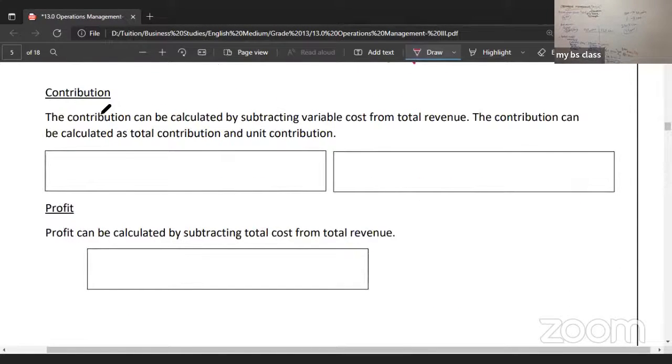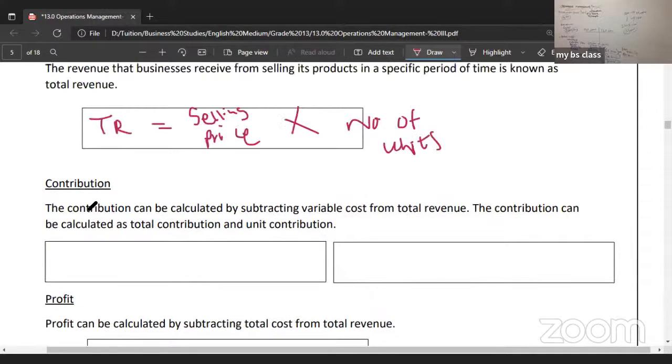And I'll come to contribution, but before that, profit. Profit is your total revenue, TR, minus your total cost, TC. So profit is TR minus TC. Now then, what is all about this contribution? Let's have a look at contribution.